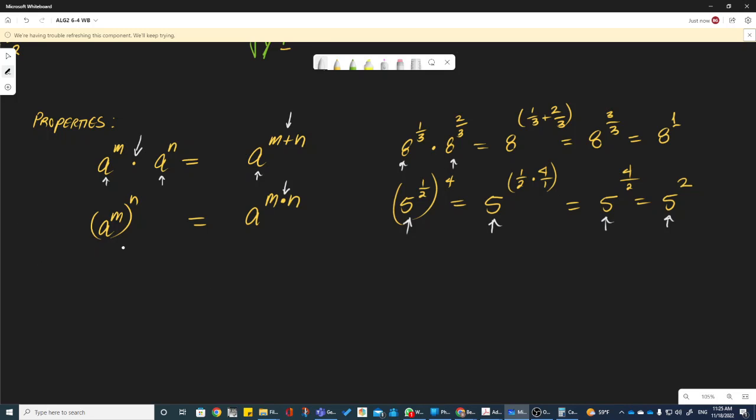Next, it's when we have two numbers elevated to a power. Okay? You will have to apply that power to each one of the numbers. Therefore, this is a to the power of m times b to the power of m, right? Because when you have two letters or two numbers together, this is a multiplication.